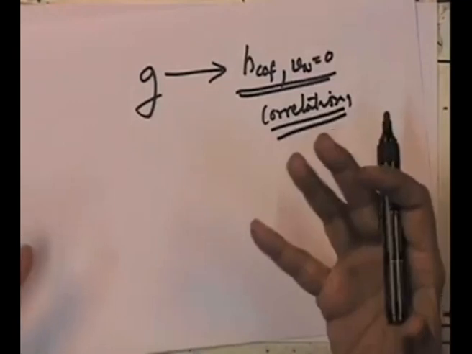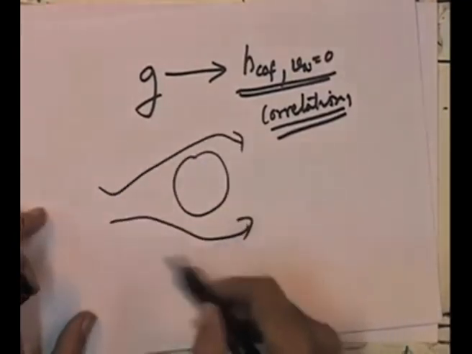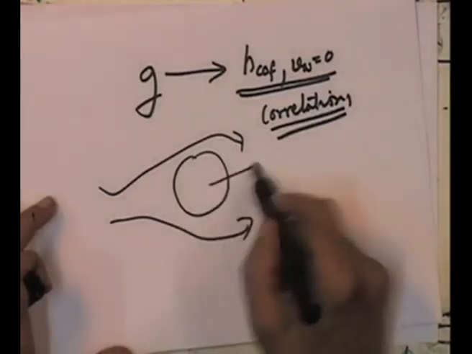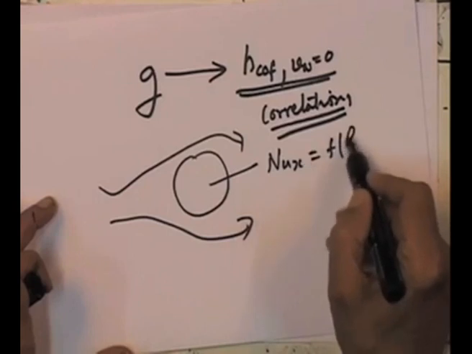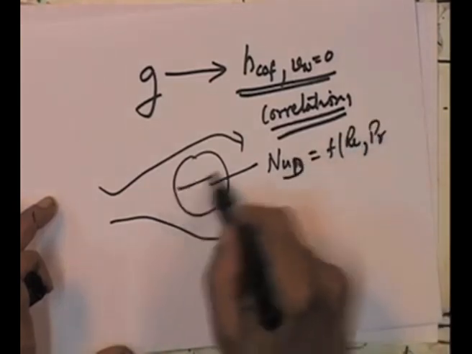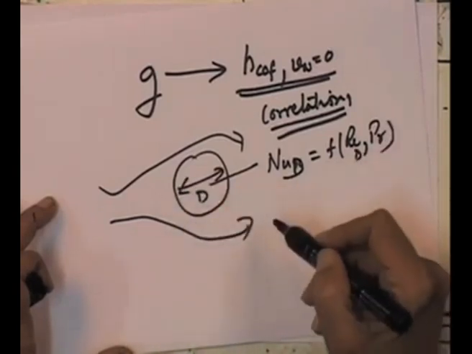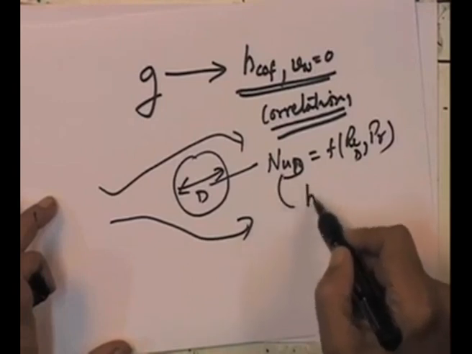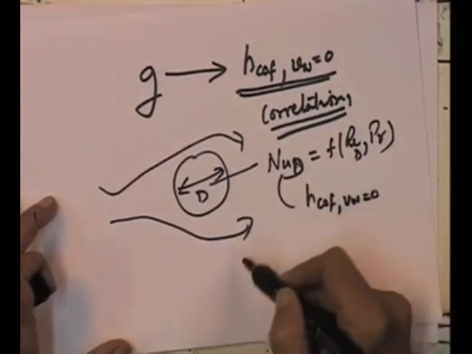So, given a mass transfer situation, let us say flow over a cylinder like this, then I would know what the Nusselt number is as a function of Reynolds number and Prandtl number, Nusselt number based on diameter d. I would know what it will be as a function of Reynolds number and Prandtl number, and from which I can derive H for VW equal to 0.